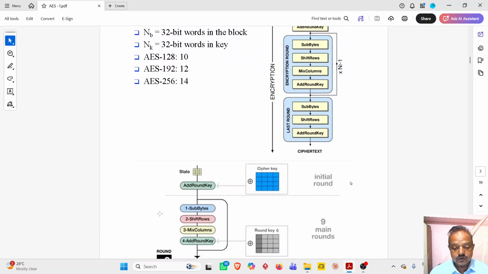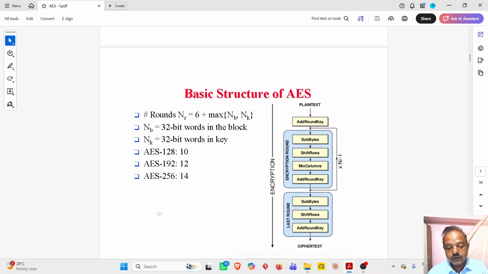Now we understand the basic structure of AES. First we take the plain text, and we go for adding the round key. I will explain what happens there. Then we apply the number of rounds, because if we are going for 128 bit, minimum 10 rounds will be there.